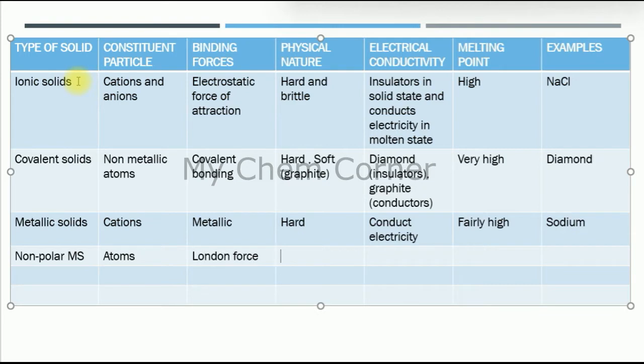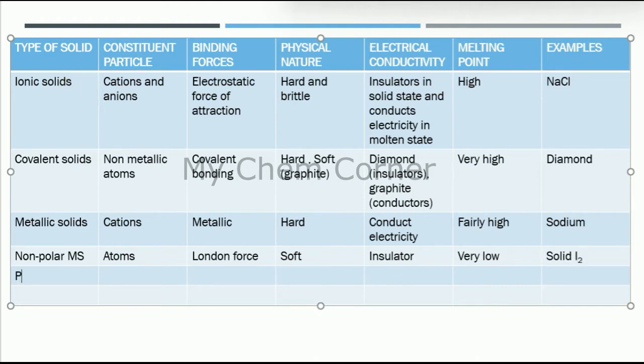Physical nature for this was soft. Electrical conductivity, it was acting as an insulator. Melting point in this case is very low. An example for this is solid I2.